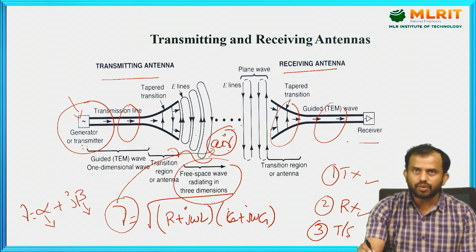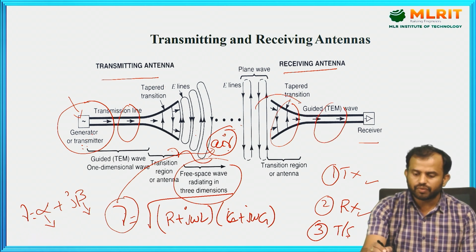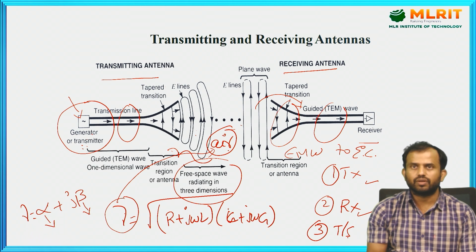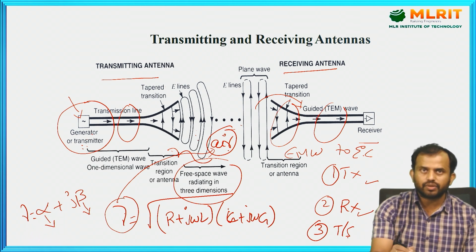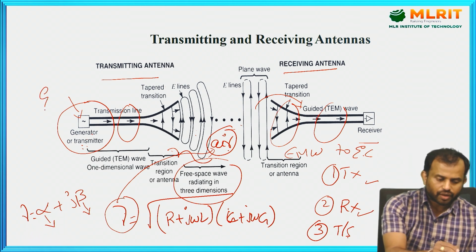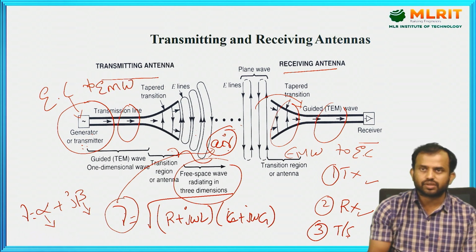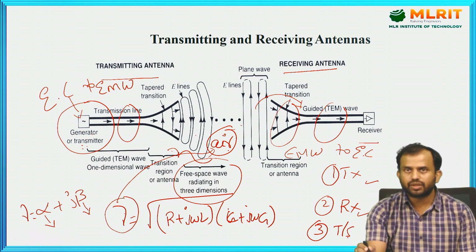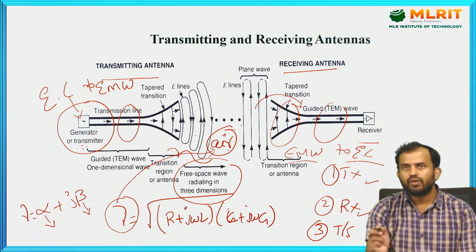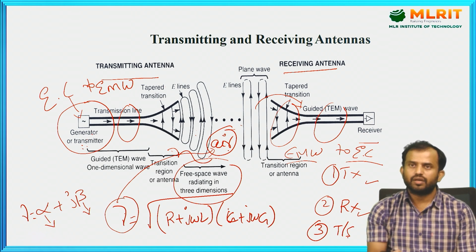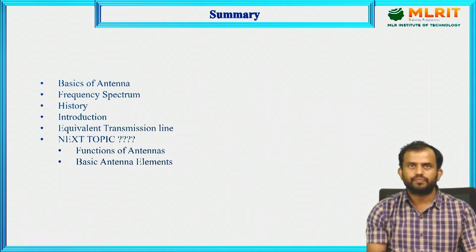In the receiver block, the electromagnetic wave we receive is converted into electrical current. While in the transmission section antennas convert electrical current into electromagnetic waves, in the receiving section it is the reverse: electromagnetic waves are converted into electrical current. Based on this, we are able to transmit and receive signals.